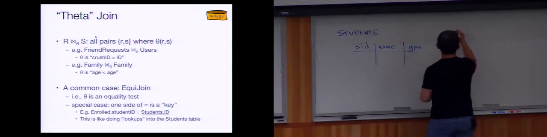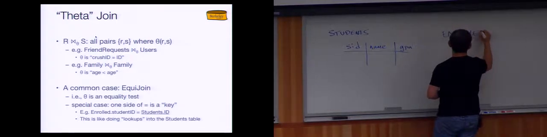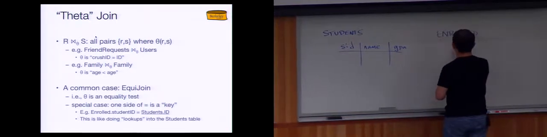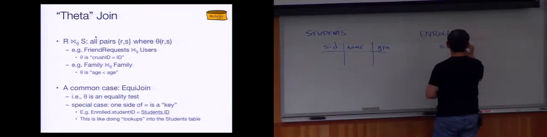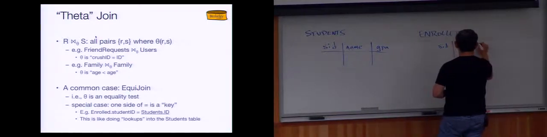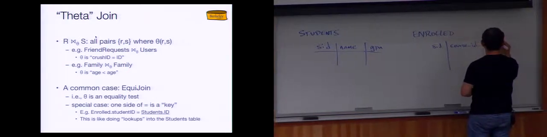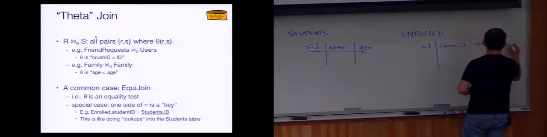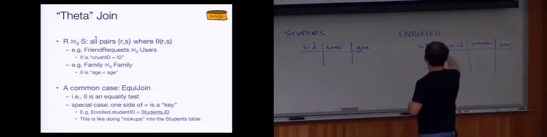And then we're going to have a table called enrolled, which tracks which students are enrolled in which classes, sorry. And this is going to have a student ID and a course ID, and maybe a semester and year. So we've got students, we've got enrolled.